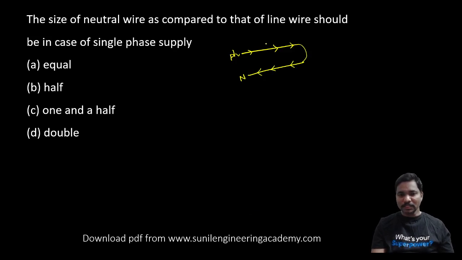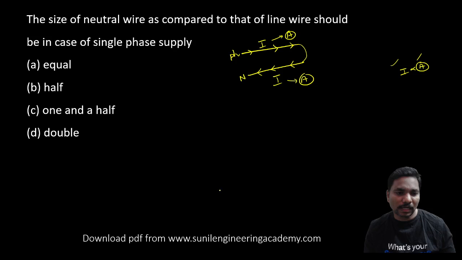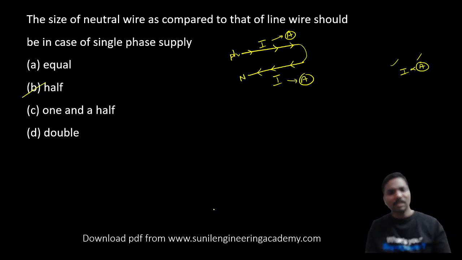So whatever current is flowing in the phase, the same current is flowing in the neutral. Whenever the currents are the same, we need to take the same area of conductor. Current depends upon the area of the conductor, so same current means we have to take the same area, that means equal size.